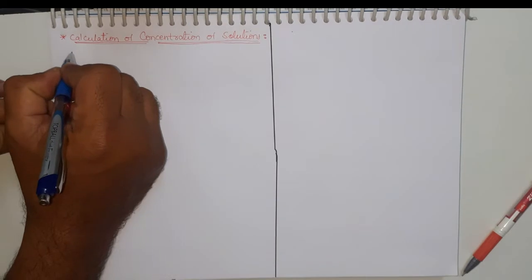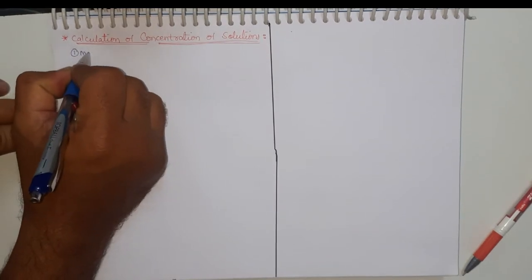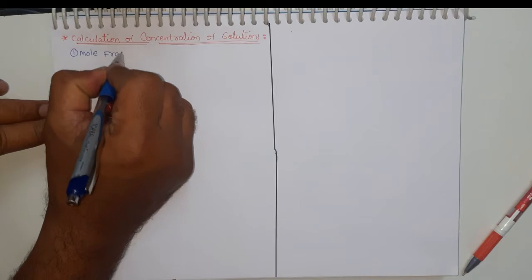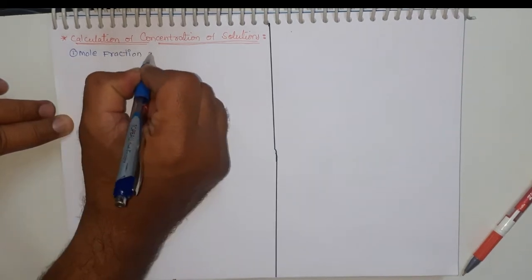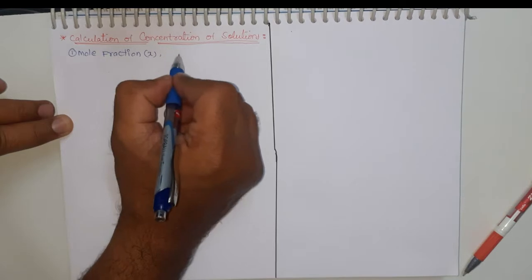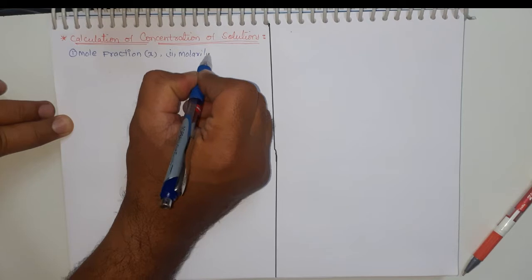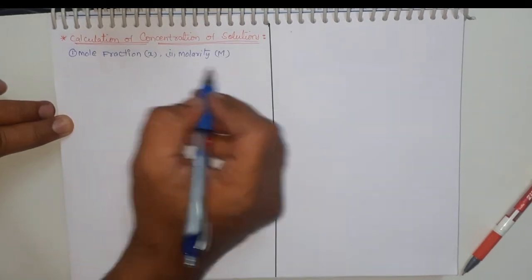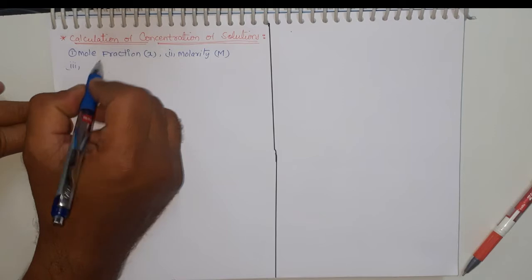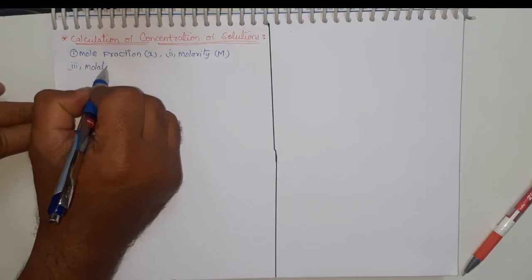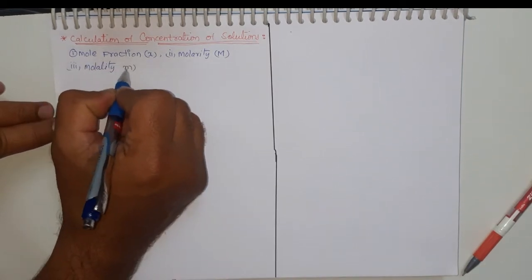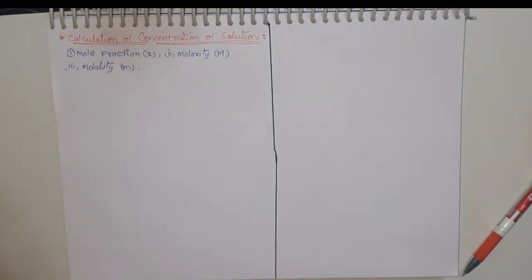The main methods are mole fraction, shown as X, molarity, shown as capital M, and the third one, molality, small m. Today we are discussing mole fraction in this session.